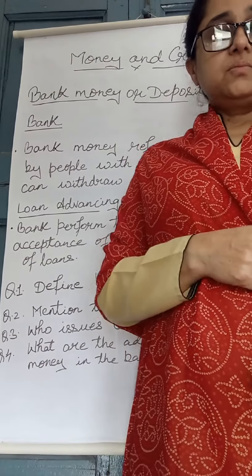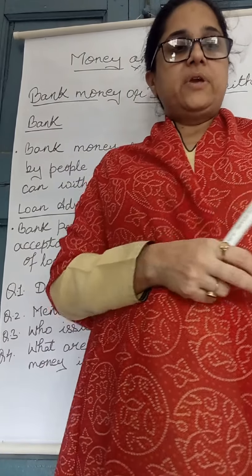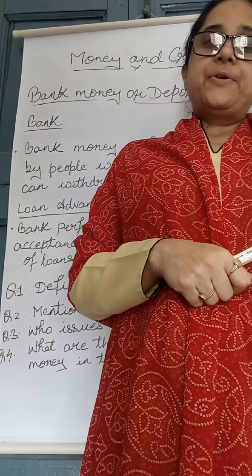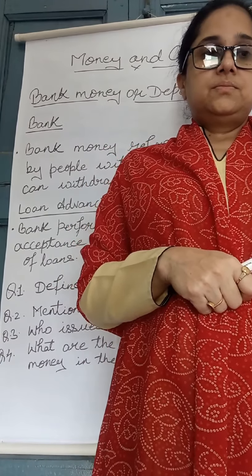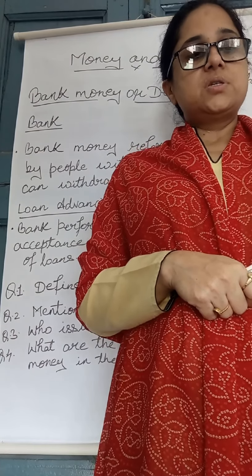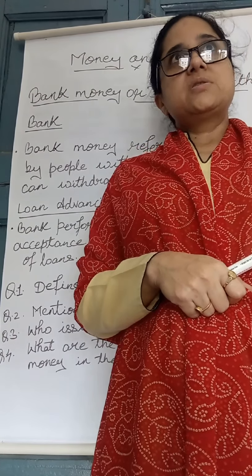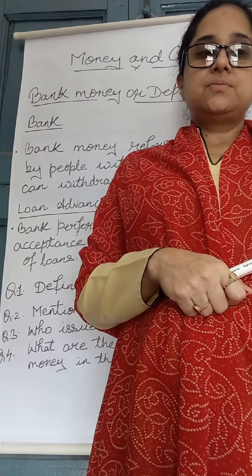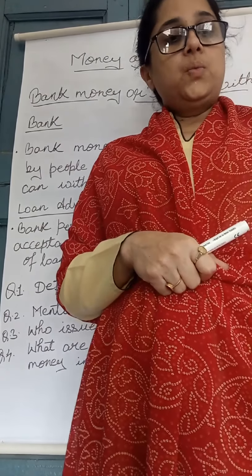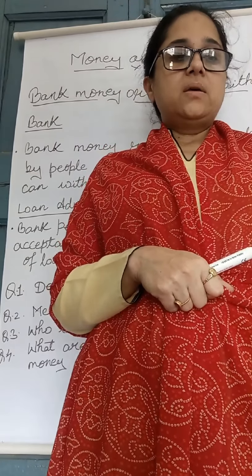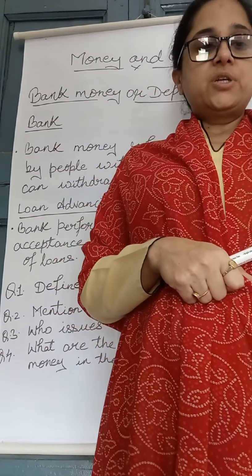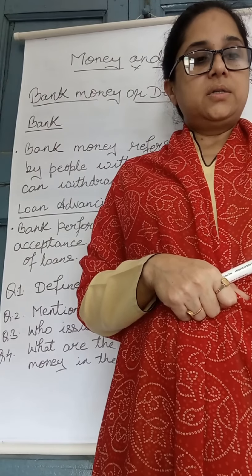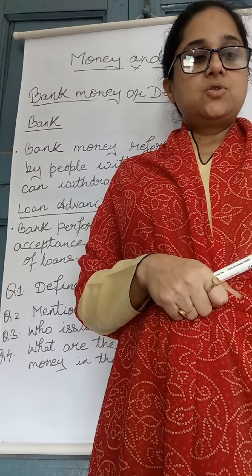Now, how do banks give loans? Banks perform two important functions: acceptance of deposits and advancing of loans. On one hand, banks accept deposits from the public, and on the other hand, they give loans to them.